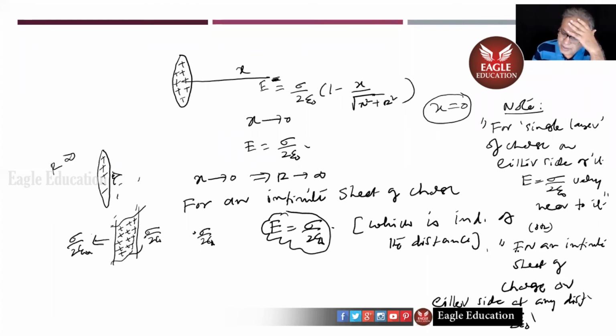So, are you writing it the way I've written it down here? For a single layer of charge, do you understand the meaning of single layer? Not the double layer like which will happen on a metal. For a metal sheet, if you give charge, it will go to the surface and one layer there, one layer here it forms.